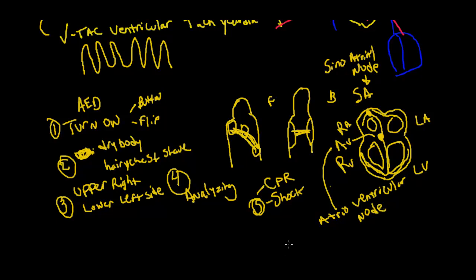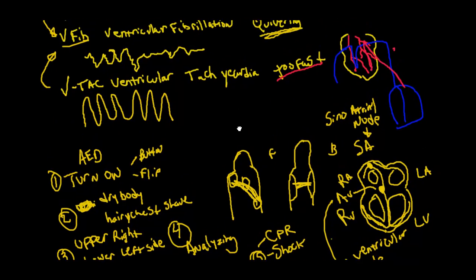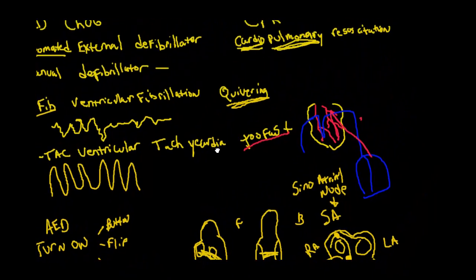It's the AV node. And then these little fibers down here that innervate the ventricles are the Purkinje fibers. And there's a lot of other little steps in there, but anyway, gross simplification of that. So that is how an AED works.